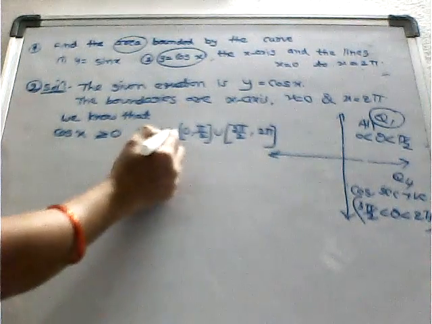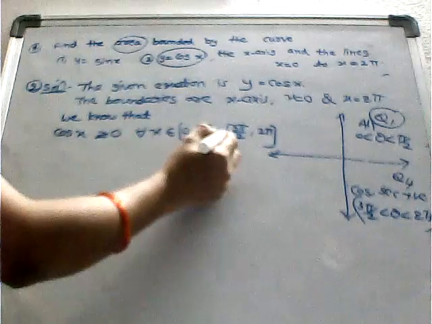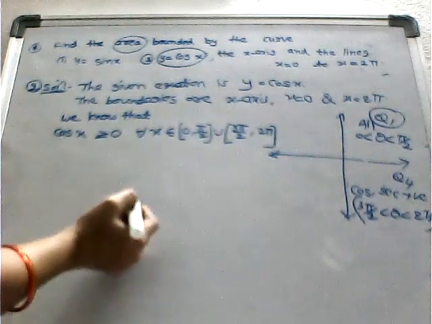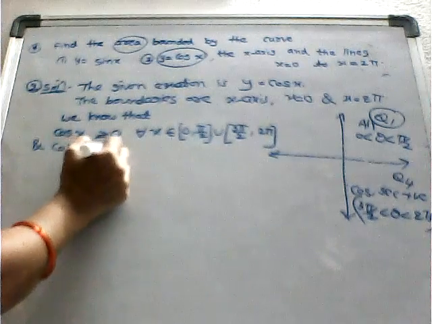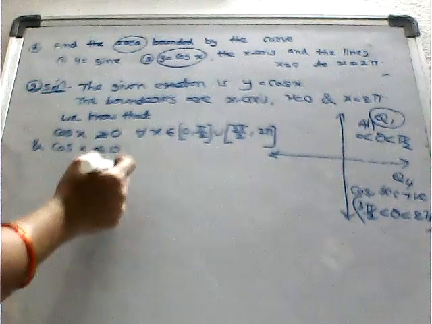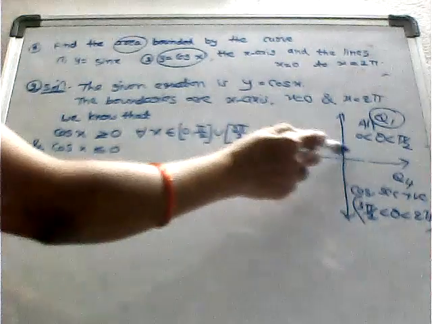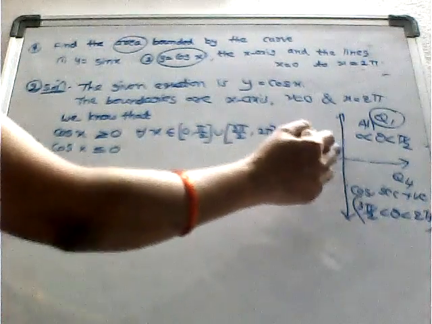So x belongs to 0 to 3 pi by 2 union 3 pi by 2 to 2 pi. Cos x values less than or equal to zero we don't want, because whenever positive, that is our required area.